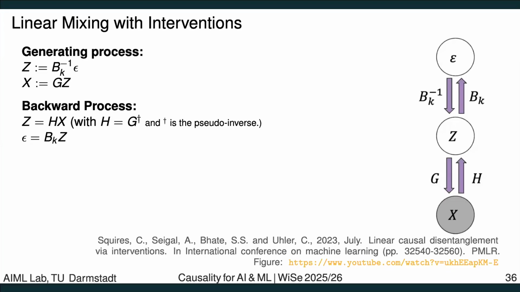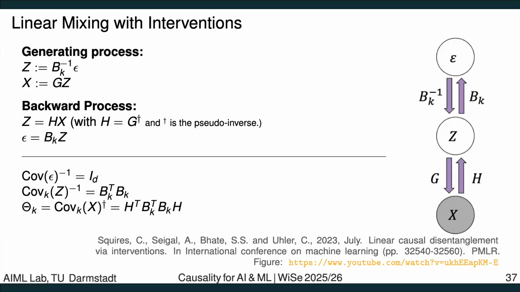And the inverse of G is H. They use a pseudo-inverse or a general inverse, however you compute it, to get back to Z. And then applying B gives you the noise terms again. The question now is really, can we recover all of those terms? At each of those arrows there is always the inverse, right? So it's sufficient to discover one of those.